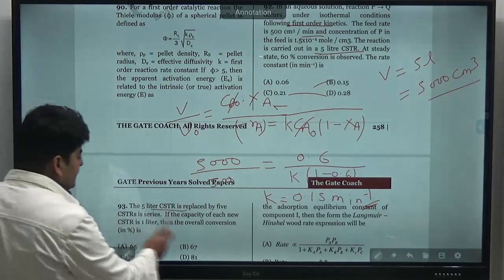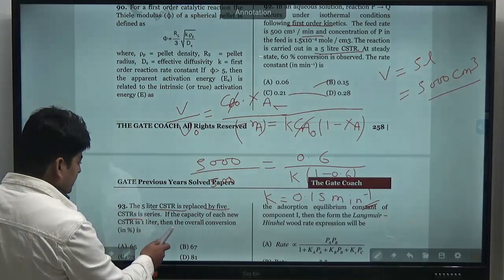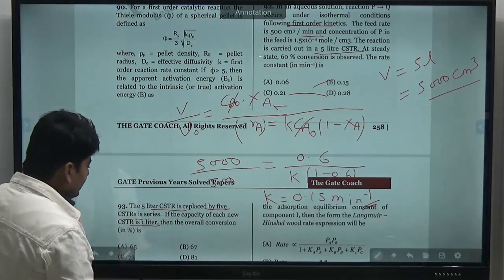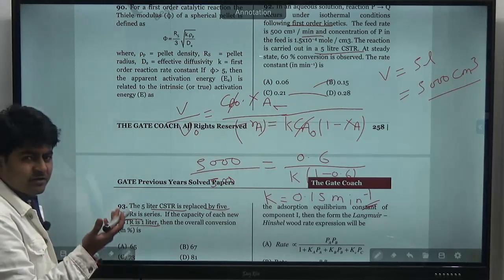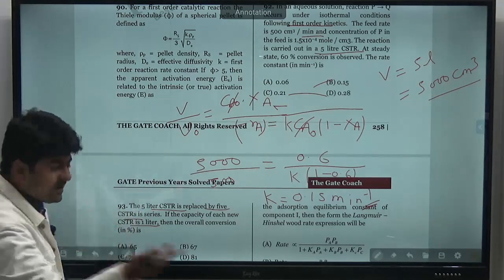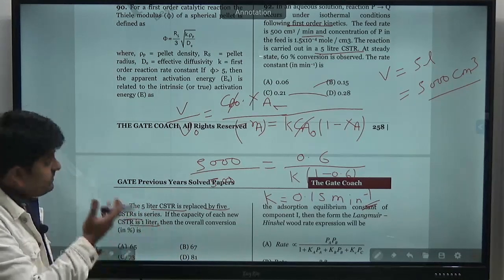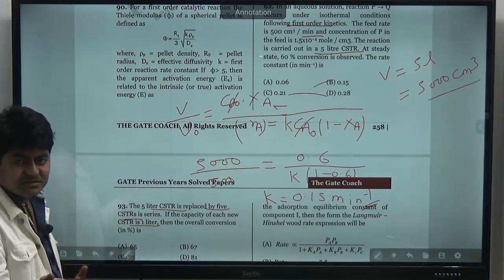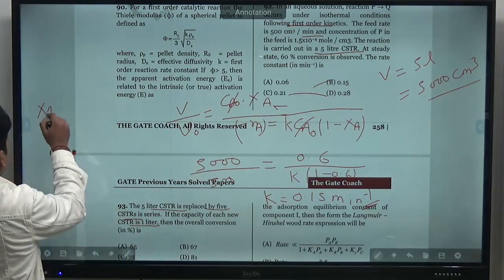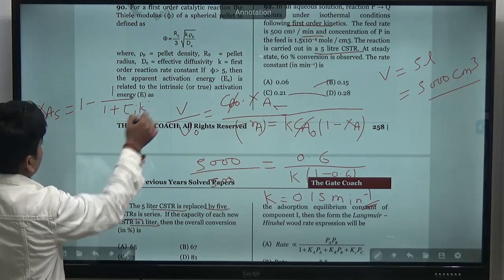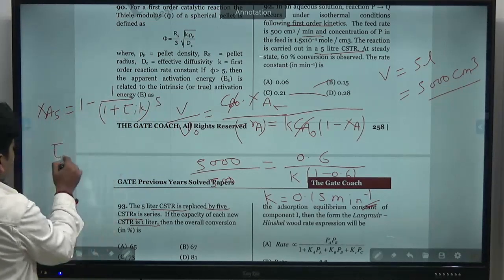Next, 5 liter MFR is replaced by 5 MFR in series and the volume of 1 MFR is 1 liter. So overall conversion will be, see, this is first order reaction, so we can directly use that generic expression, and since all those MFR are identical, they haven't mentioned anything about the temperature, so we will consider same temperature. So we know that XA5 will be equal to 1 minus 1 upon (1 plus tau I K) power 5.